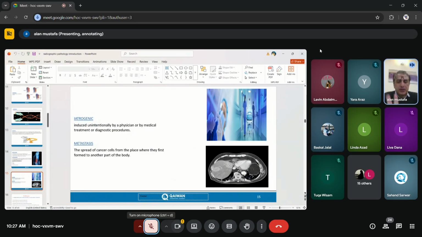If we have two patients, both of them have the same cancer, but the first one has a cancer that does not spread, and the second one has the same cancer but it has spread to a distant place.